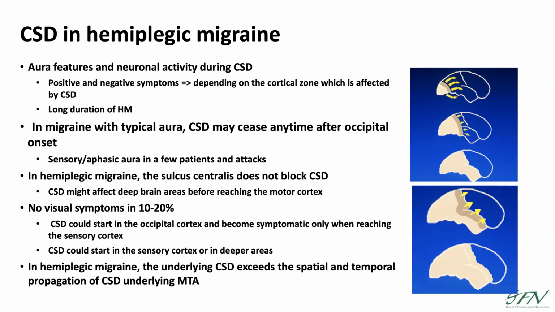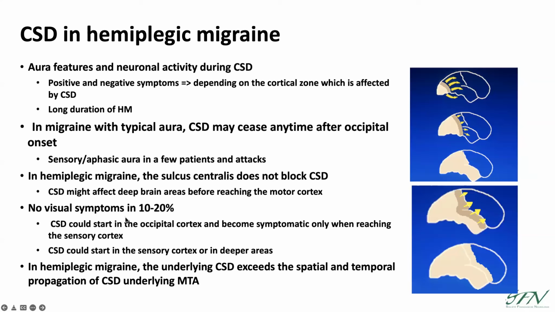In hemiplegic migraine, the sulcus centralis, which is here, does not block cortical spreading depression. So perhaps the cortical spreading depression in these patients may affect deep brain areas before reaching the motor cortex. Perhaps the cortical wave is going down and then again up to the motor regions.